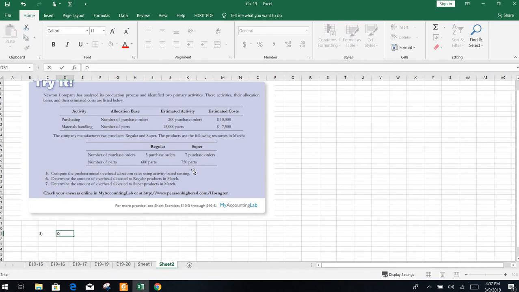The overhead allocation equals total estimated cost divided by allocation base.